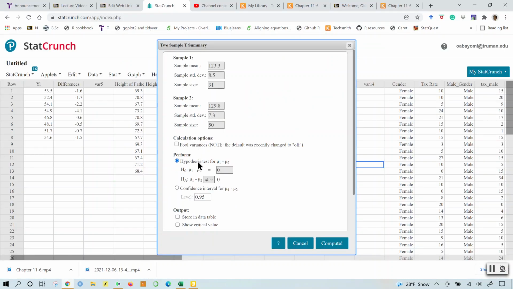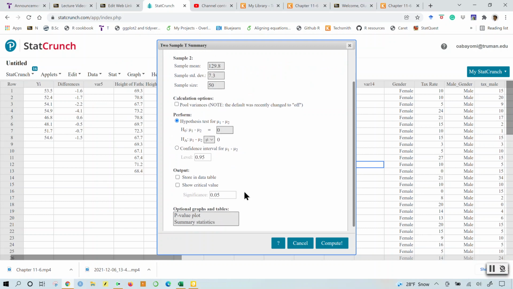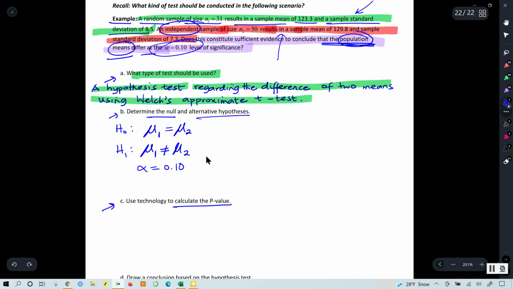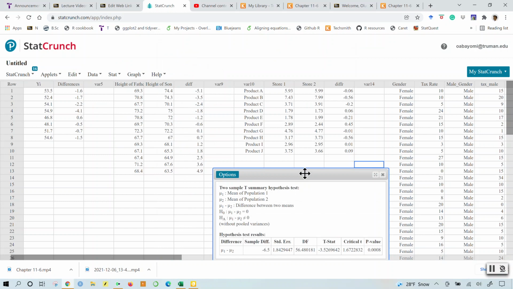I definitely want a hypothesis test. I want to check the inequality that it is not equal to, and that is true, not equal to. Then the next step is to ensure that you click on show critical value when the significance level is 0.10. Okay, so let's change that to 0.10, and we would like to compute that.